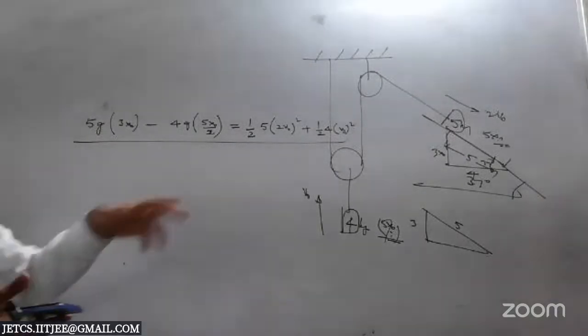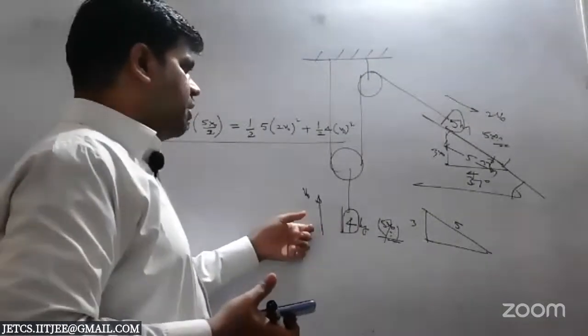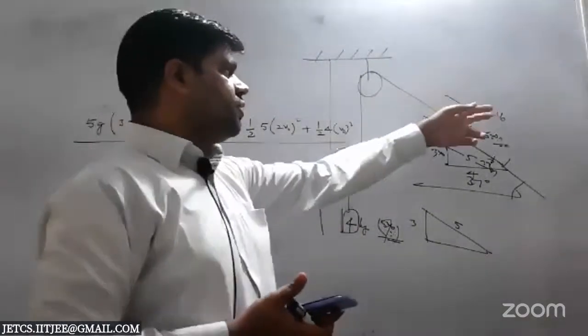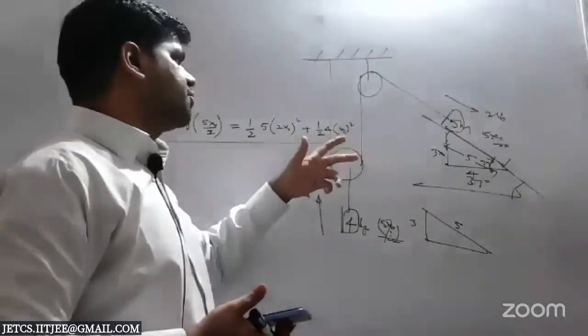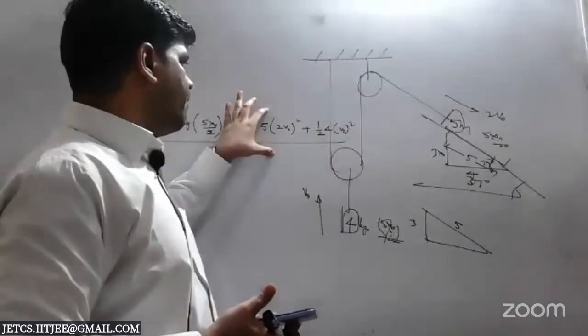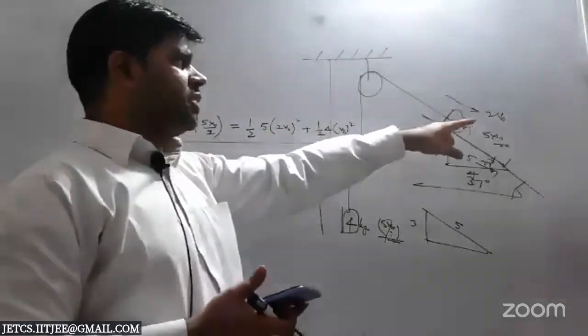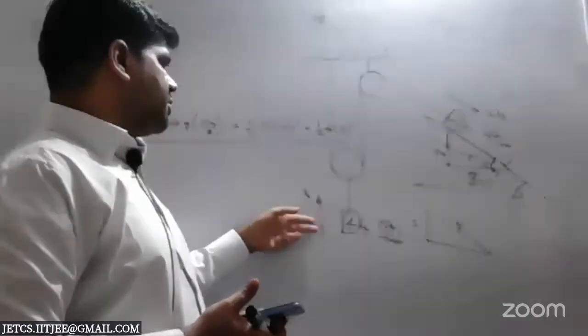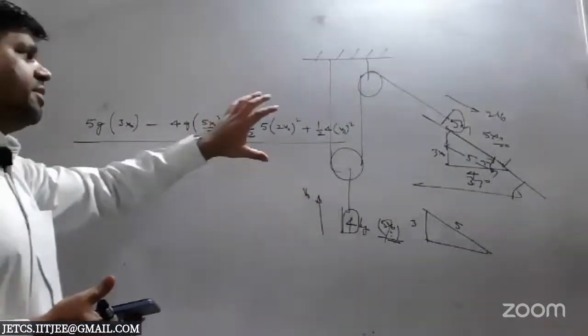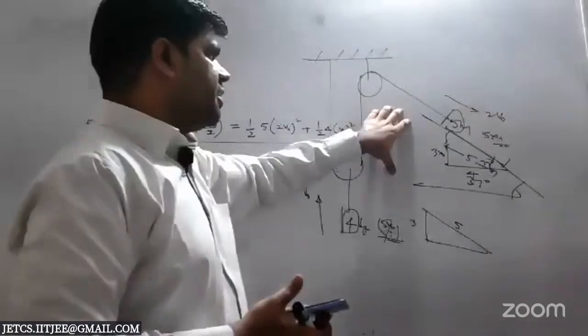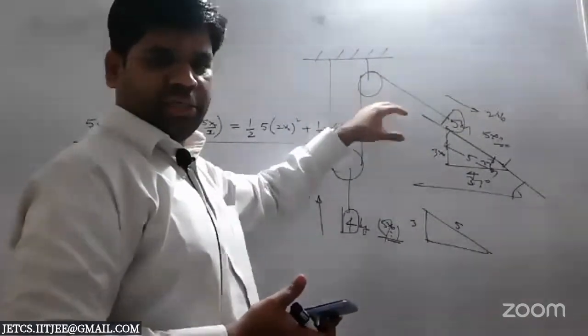But why did I choose 2 V naught and V naught here? He's asking for V naught. I took this as V naught, so this will be 2 V naught. So kinetic energy will be half m1 V1 squared plus half m2 V2 squared. Half 5 into 2 V naught squared, because the speed of that is 2 V naught. Speed of this is V naught, so half 4 into V naught squared. So I got the kinetic energy of the system. Delta K is final kinetic energy minus initial kinetic energy, which is 0.